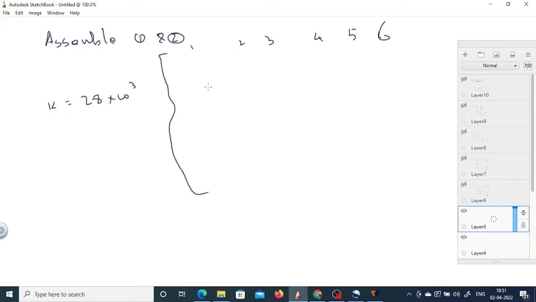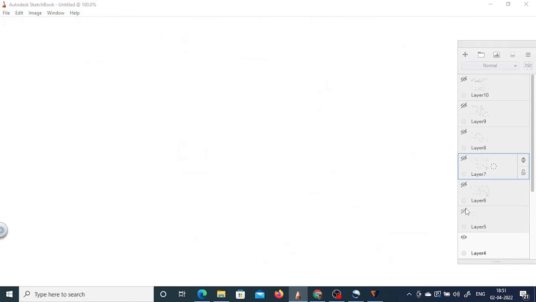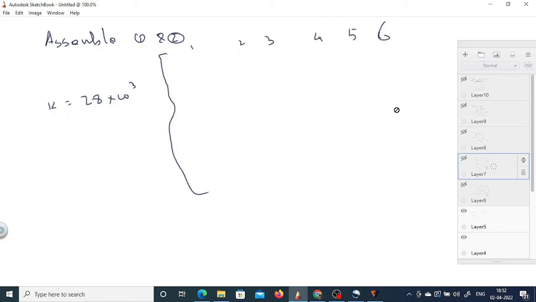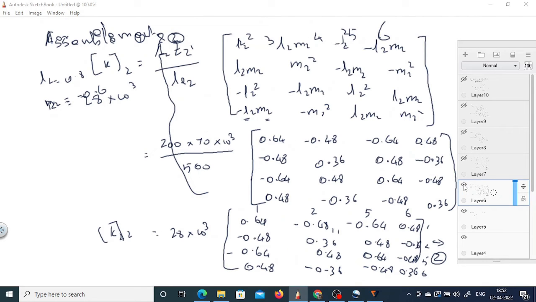In the previous slide, I can show you the first column, second column, third column, fourth column, and the first row, second row, third row, fourth row. Here the first column has 1. What about the second equation? Yes, 0.64 is available. So how do I write? 1 plus 0.64.